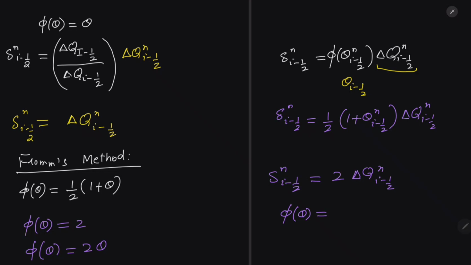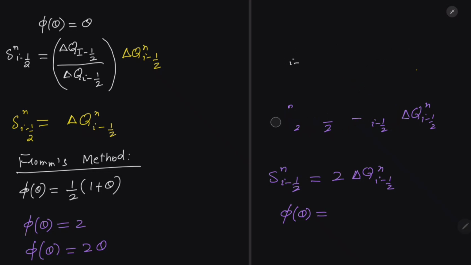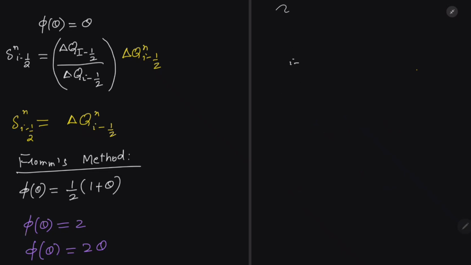So we saw that when we introduce phi in the formula, we can retrieve different numerical methods. In summary, for linear methods, we already saw that when phi of theta is equal to 0, you get the upwind method.